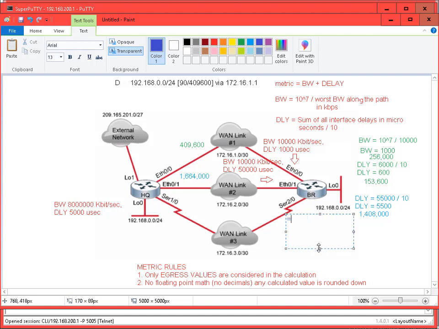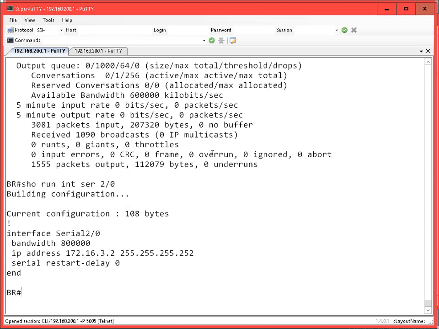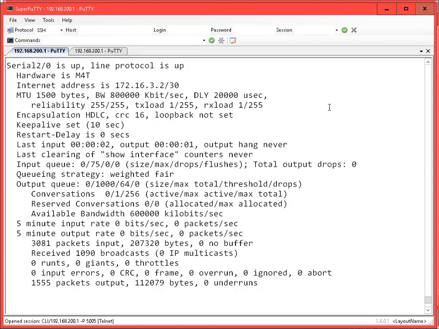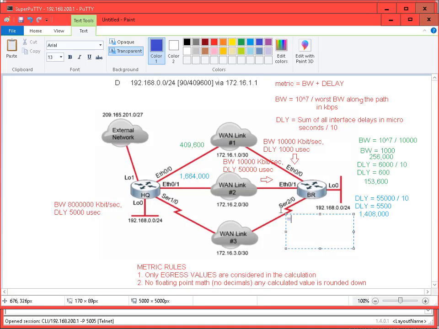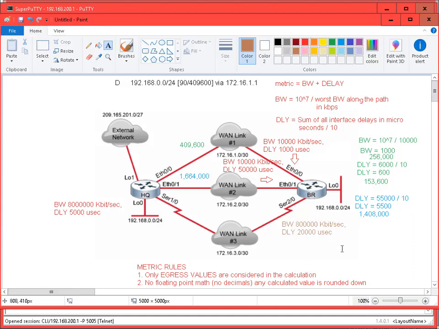No, somehow it didn't copy the whole line, because I had copied this statement down here. Let's grab that right there and put that in our formula here. So we've got bandwidth and delay. That's too close to the other color, so we'll do brown. All right, so we got bandwidth and delay for that interface.